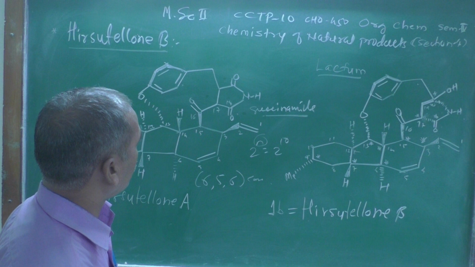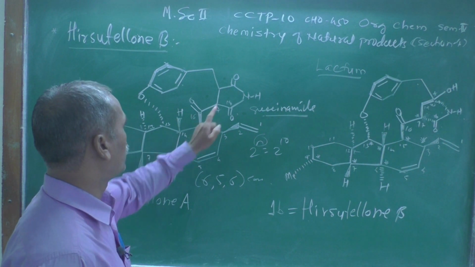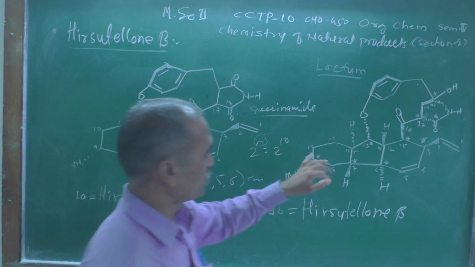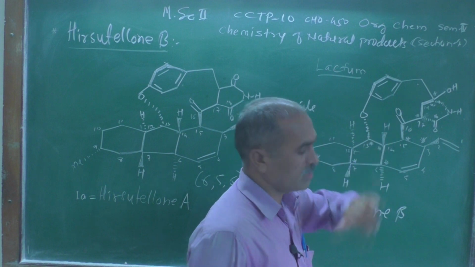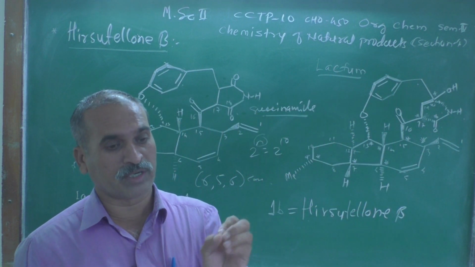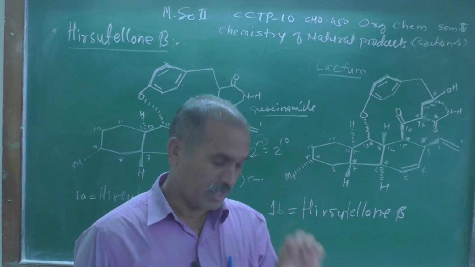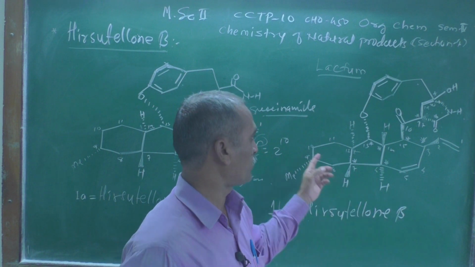So the number of rings present in this case is 6. Remember, 1, 2, 3, 4, 5, 6. Here also 1, 2, 3, 4, 5 and 6. So how many 6-membered rings are present? There are 6-membered rings present.